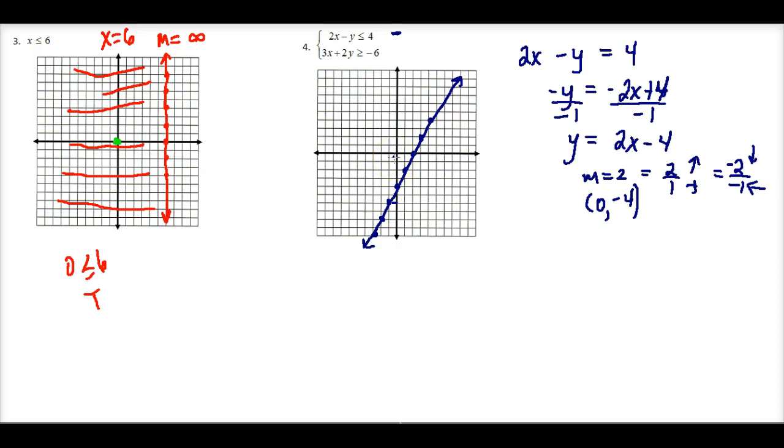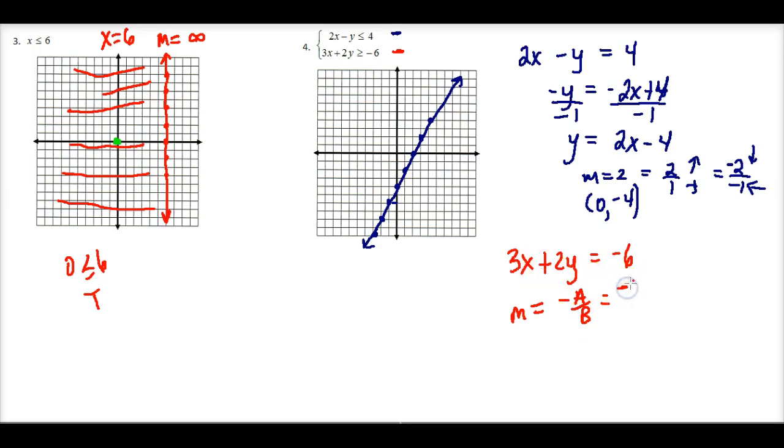So now that we have that, we'll go ahead and work on the second line. We'll do this one in red. So for here, we have 3x plus 2y equals -6. That is the associated line with that. We'll go ahead and do like how we've been doing by using the slope is minus a over b for this one.